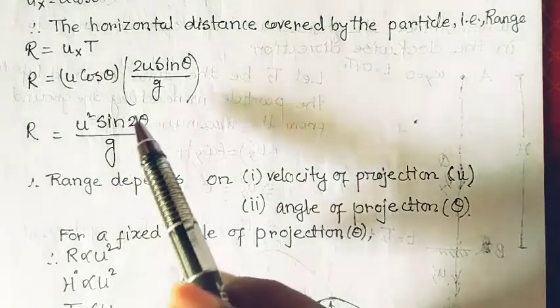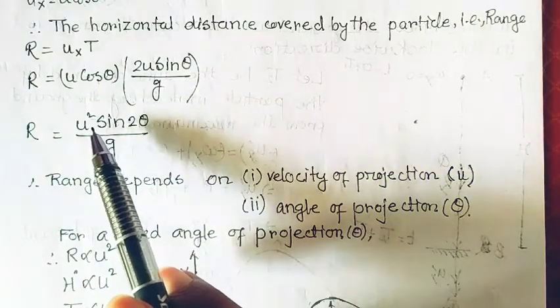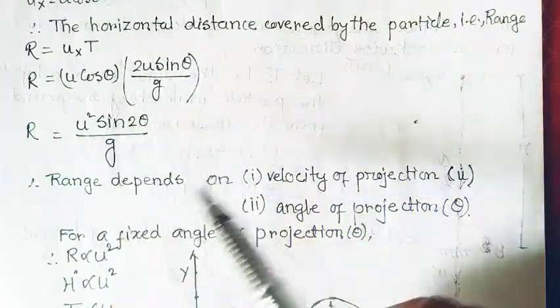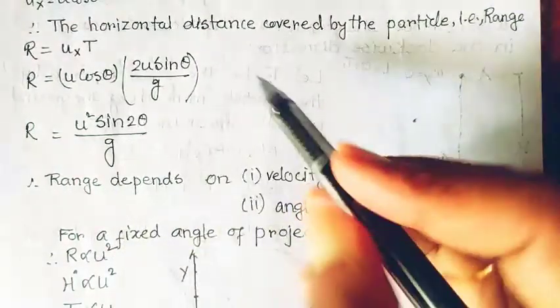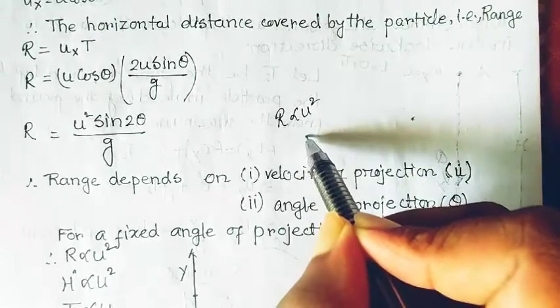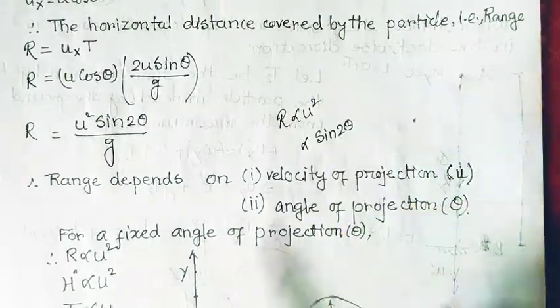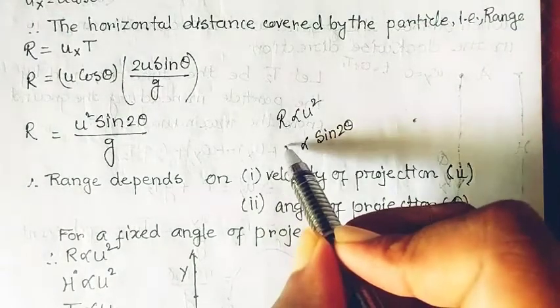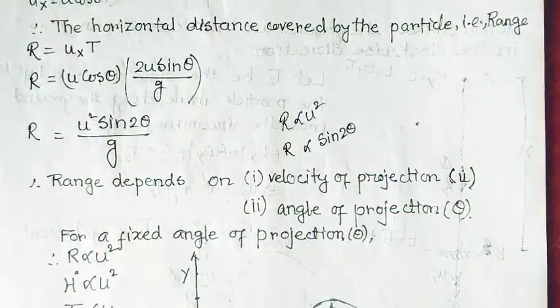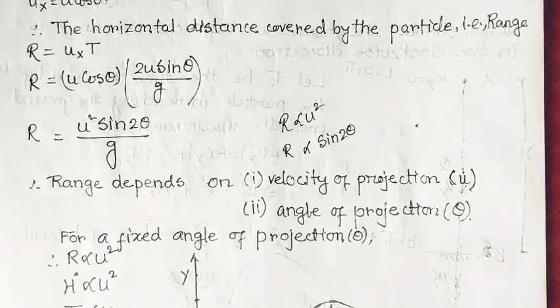So R is proportional to u square, and R is proportional to sin 2 theta. How R depends on these variables, how the other quantities depend on u and theta, and how these projected motions will change, we are going to share in the next lecture.